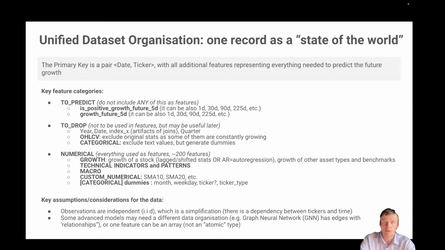Then there is a growth future 5 days. It's a numerical value for the exact growth, and it is useful not only for the regression or numerical prediction, but it's also useful to evaluate your strategy efficiency and profits from the strategy.